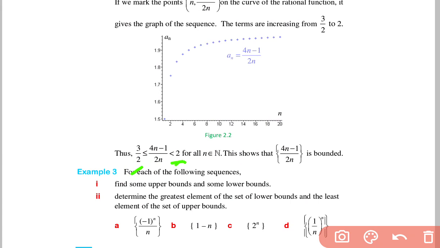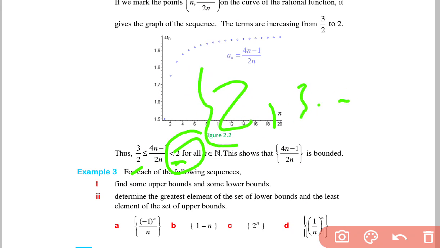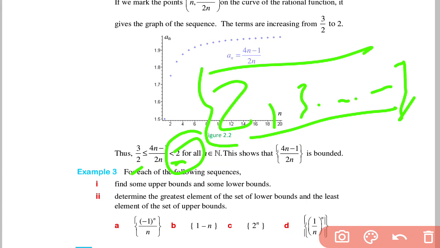The 2 is an upper bound. The set of upper bounds is 2 and any number greater than 2: 3, 4, 5, 6. The set of lower bounds is what? 3/2 and any number lower than it.